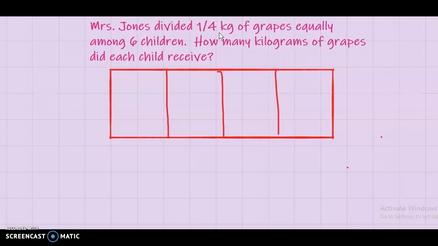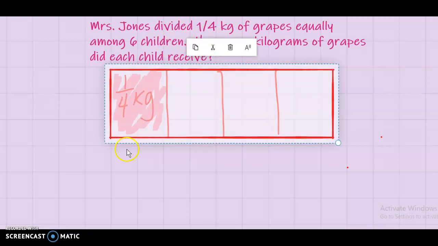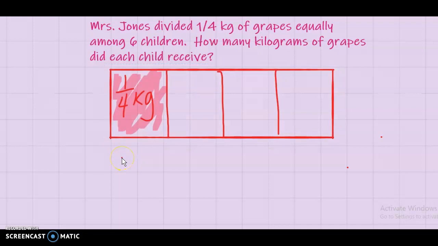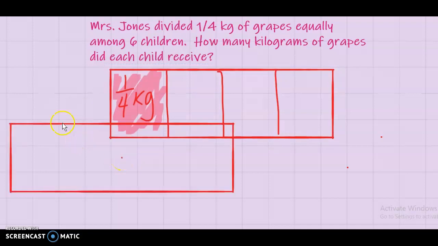And I'm going to shade in a 1/4. So this is 1/4 kilogram of grapes that Mrs. Jones divided. And I'm going to copy this and paste.